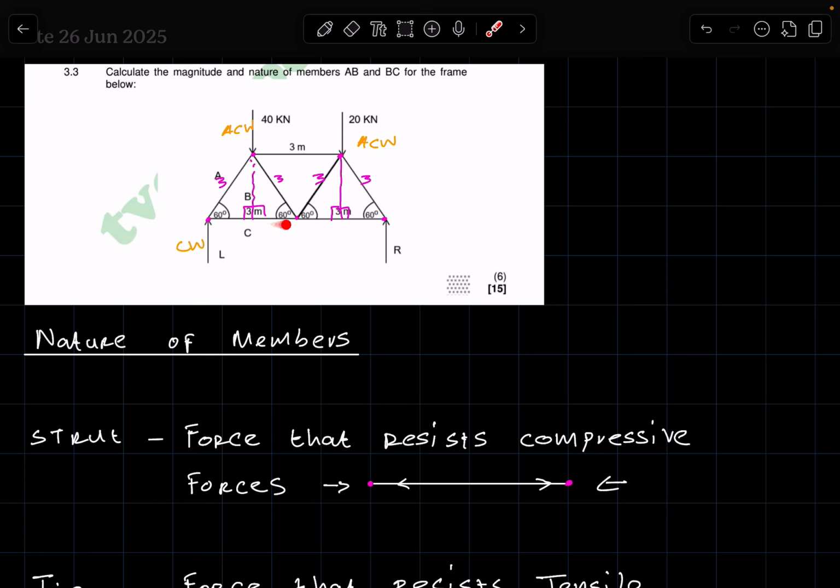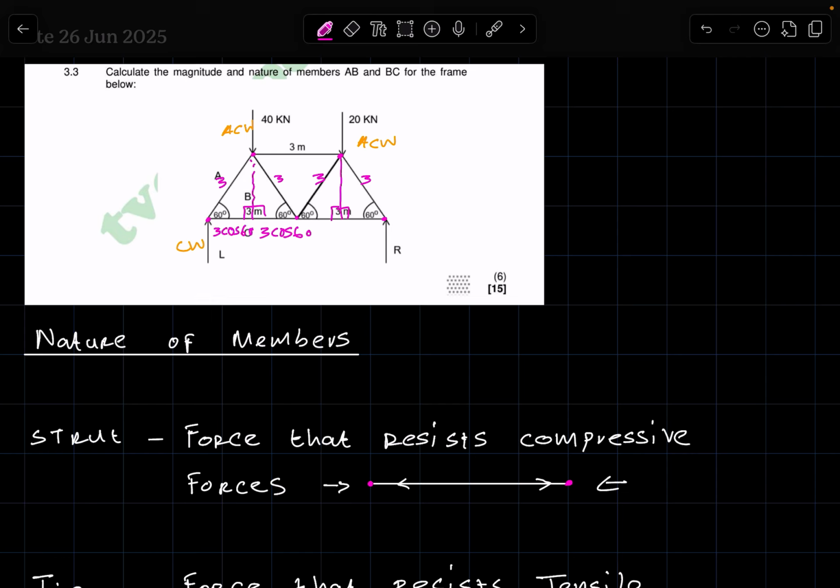So the distance that we're looking for, which is this one, is adjacent to the angle. Because it's adjacent to the angle, that side is essentially 3 cos 60. Even if you use this side, it'll also be 3 cos 60.